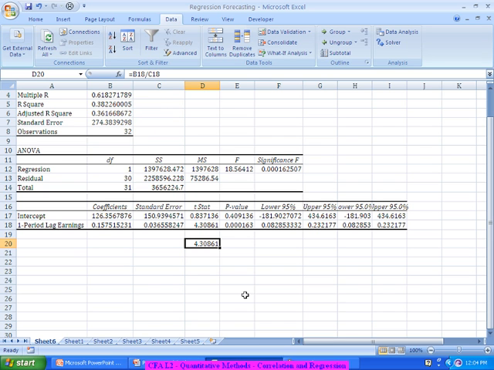The other thing to interpret here is that the same relation can be interpreted from the p-values. The p-value, as we have seen earlier also, is the probability up to which you will accept your null hypothesis.